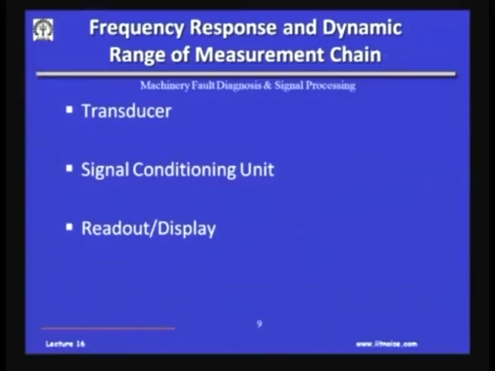So, we have to keep in mind the frequency range and the dynamic range of the measurement chain, and dynamic range is nothing but the ratio of the highest to the lowest values which the same sensing element can sense. Okay. With this kind of background on instrumentation, we will now be specific and discuss the specific transducers in the subsequent classes.